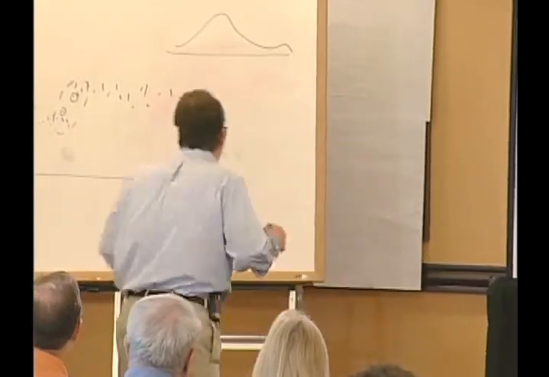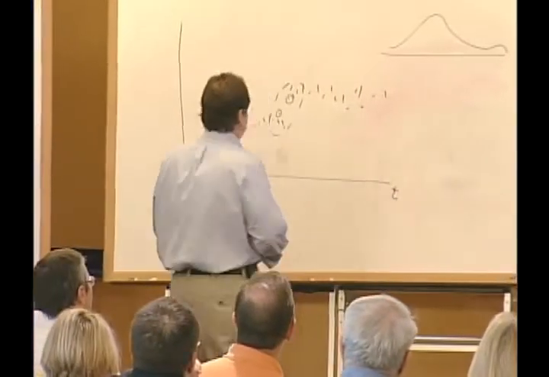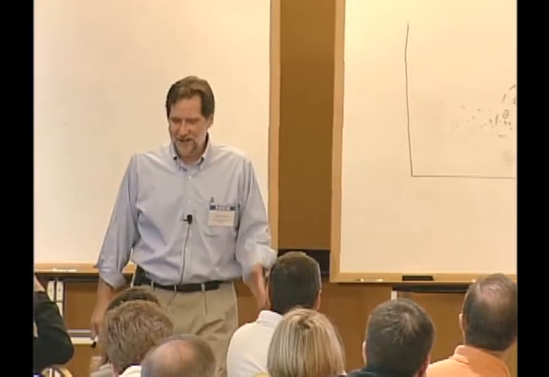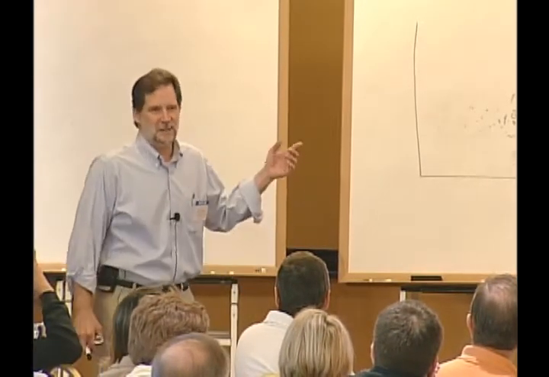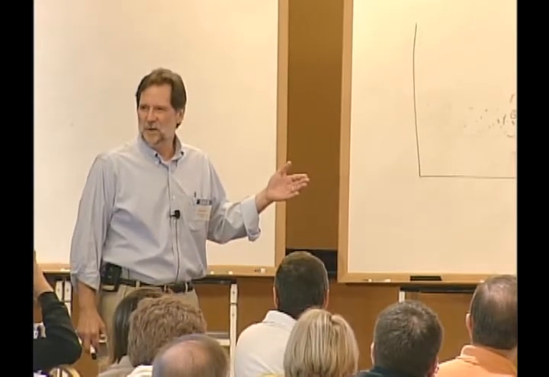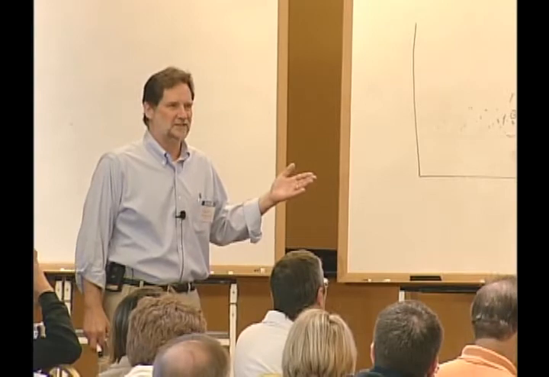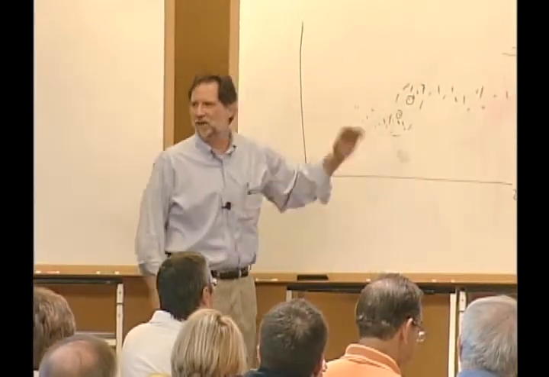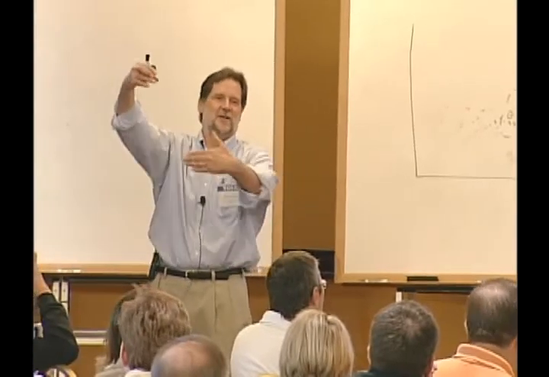They say, let's imagine a situation in which sometimes the breaks aren't really big. A break occurred, you just look at the data and you say, gee, a break occurred.